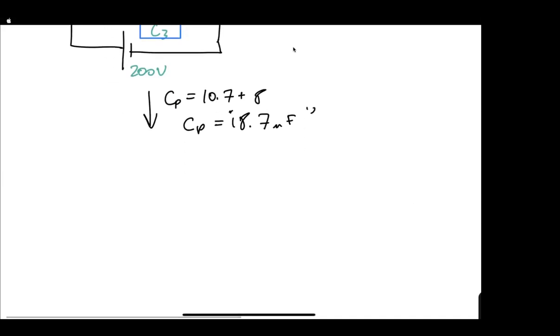So nice and simple. We'll say that's equal to CP, which is equal to 10.7 plus 8. Oh, I'm sorry, that was 8. Plus 8. Therefore, CP is equal to 18.7. Okay. And then we redraw it one more time.